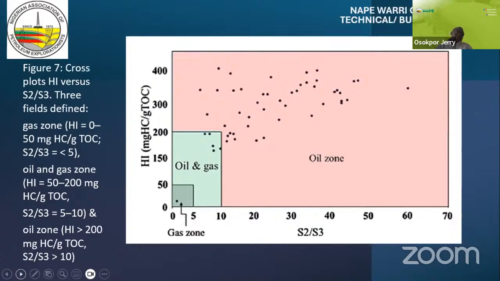So when we plot the values of HI against S2, S3 in this diagram, we can see that the true nature of the sediments of the rocks have been shown here within the oil zone. Type 3 kerogen are not known to be very oil prone. They are oil and gas prone. But if you look at our diagram here, you see that just a few samples fall within the oil and gas prone zone, while one is in the gas zone.